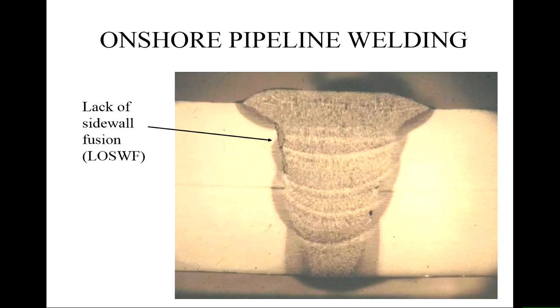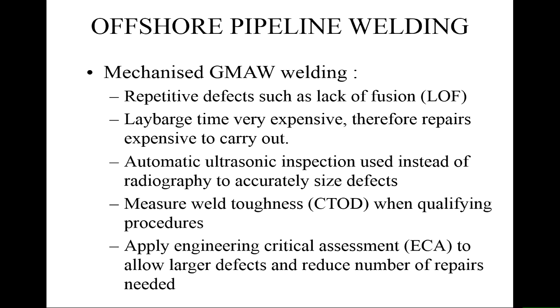Now, just like onshore, we use mechanised welds, and the main failure is lack of sidewall fusion. So again, you've seen this picture before. It's the onshore example. We have them offshore as well. I haven't got a good example offshore, but it's the same there. So we have mechanised gas shielded metal arc welding.